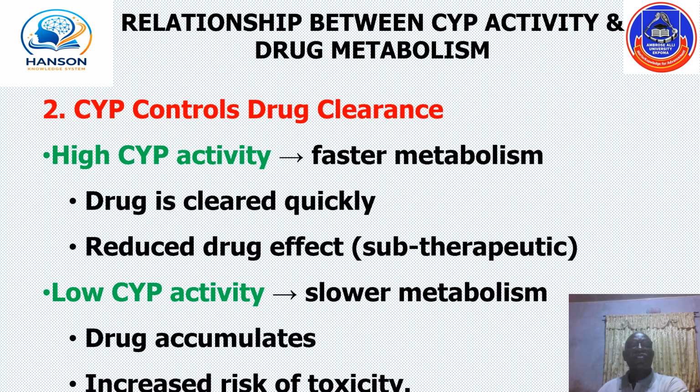Number 2, cytochrome P450 controls drug clearance. When there is high cytochrome P450 activity, metabolism is faster. Drug is cleared quickly from the system, reducing the drug effects.